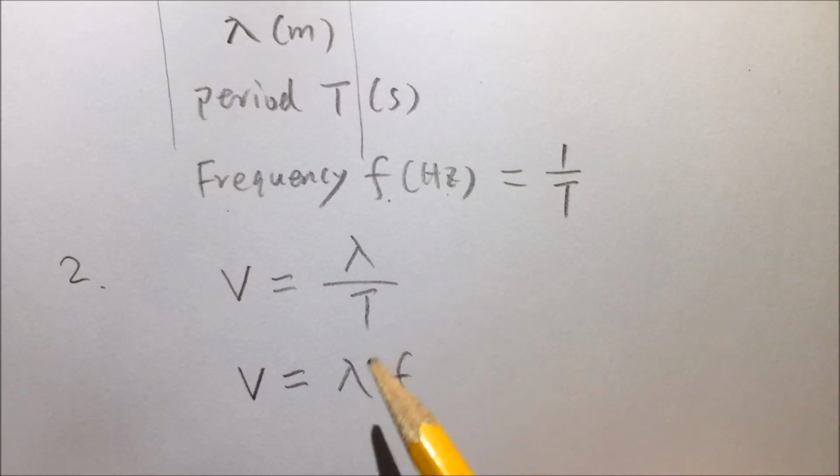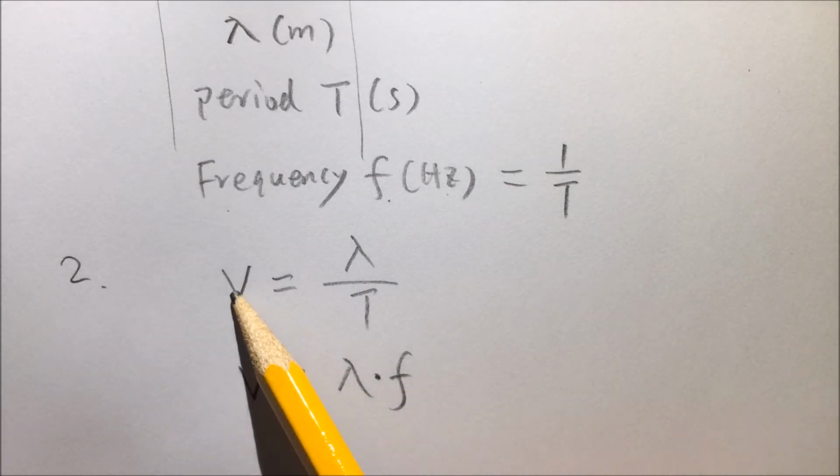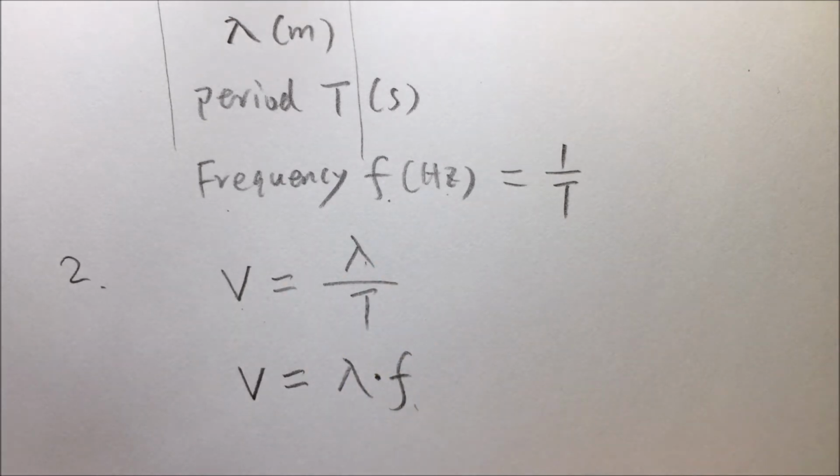So it depends on which one you want to find. If you know any two, you're able to find the other two. Remember the four physical quantities: wavelength, period, wave velocity, and frequency.